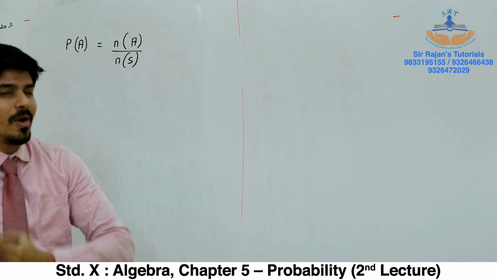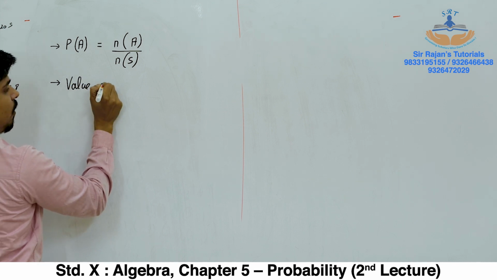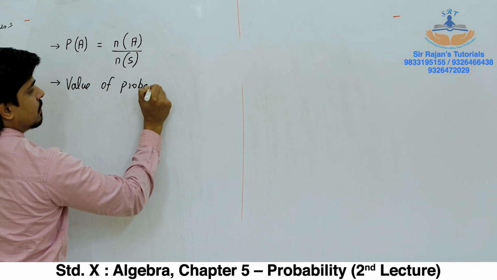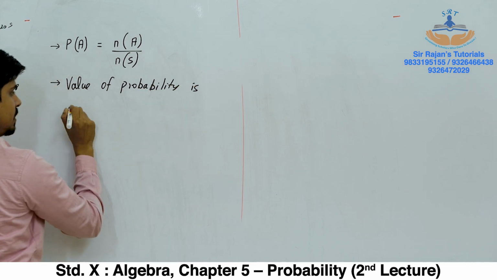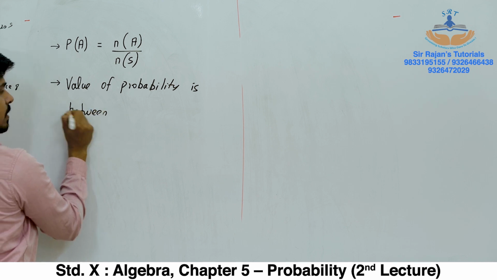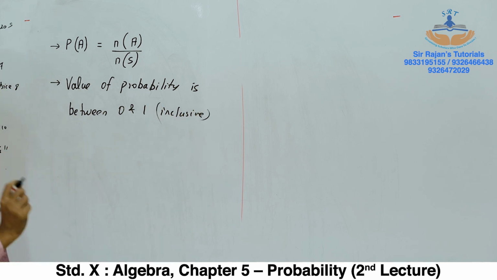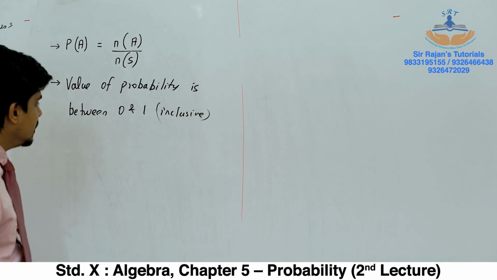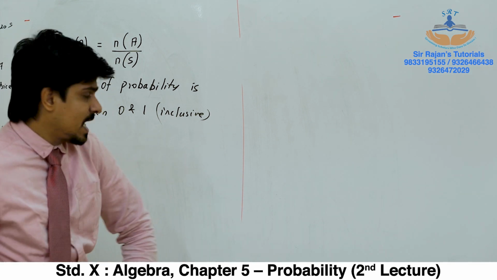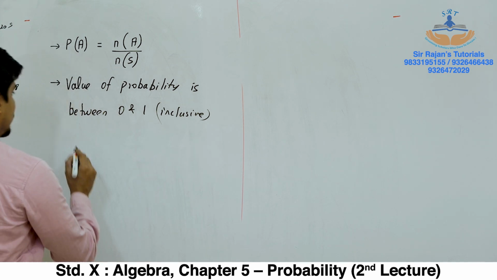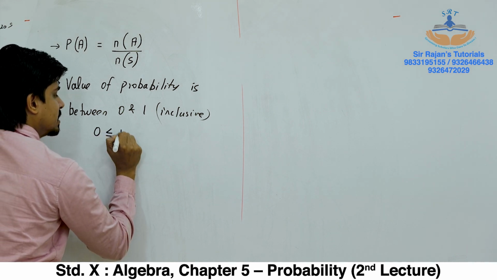Now there are few important pointers that you need to remember. Value of probability is between 0 and 1 inclusive. मतलब क्या, जो भी प्रोबेबिलिटी का आंसर आएगा उसका वैल्यू शुड ऑलवेज बी बिटवीन 0 एंड 1 ओनली. 0 भी आ सकता है, 1 भी आ सकता है. दैट्स व्हाई आई हैव रिटन इंक्लूसिव ओवर हियर. ओके, ये सेम चीज अगर मेरे को मैथमेटिकली लिखने का है, आई विल राइट लाइक दिस.